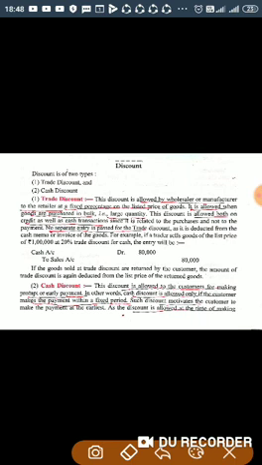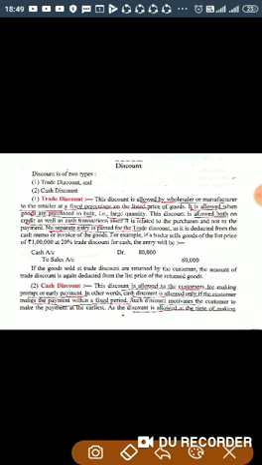This discount is allowed by a wholesaler or manufacturer to the retailer at a fixed percentage on the listed price of goods. It is allowed when goods are purchased in bulk, that is, in large quantity. This discount is allowed on both credit as well as cash transactions, since it is related to the purchases and not to the payment. No separate entry is passed for the trade discount.